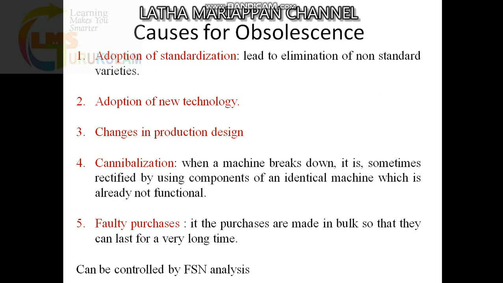Faulty purchase: if purchases are made in bulk so that they can last for a very long period of time and you may not use them for your production, they will stay in your warehouse for a longer period of time.